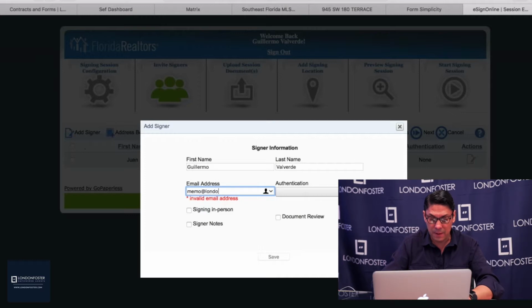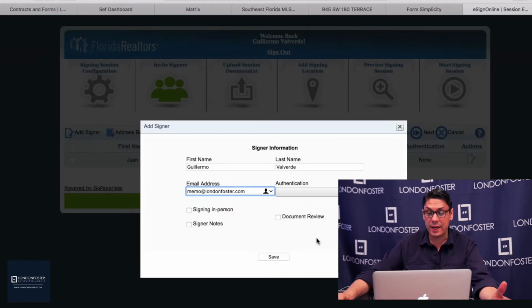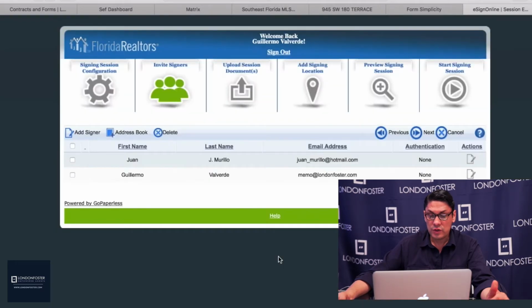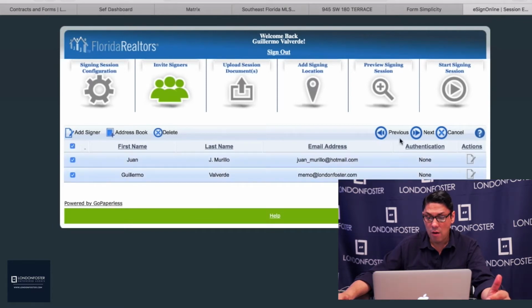I put in my name, my last name, my email, and I'm going to save it. So now I've got the owner here and myself. I click on both.